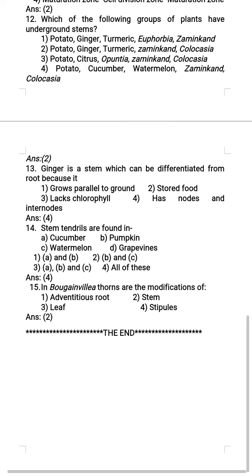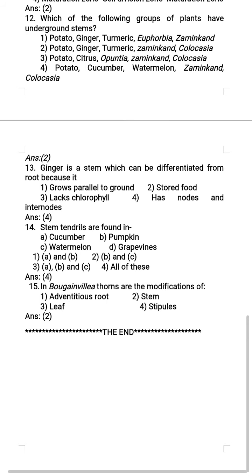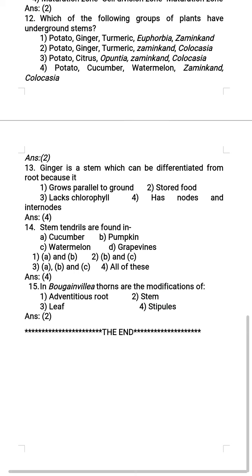The stem in that particular plant in that season is modifying. How is it modifying? Axillary buds present at the axillary region modify into thorns which are woody and hard, with pointed ends. Understand? So in bougainvillea plants, thorns are the modifications of stem.